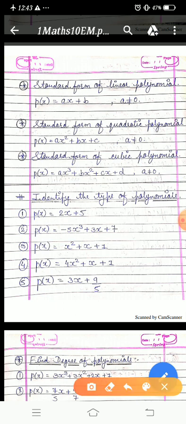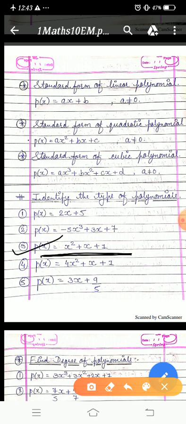Now next one is x square plus x plus 1. Here it is clear that the degree of the polynomial is 2, and whenever the degree of a polynomial is 2, the given polynomial is a quadratic polynomial.